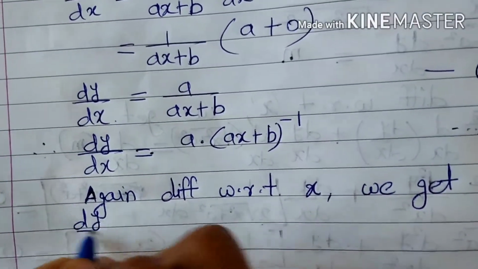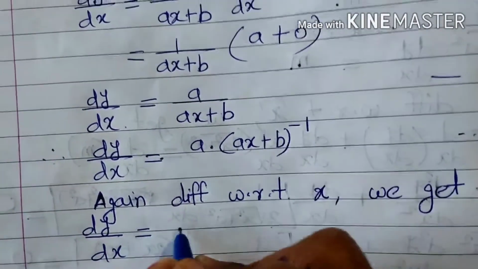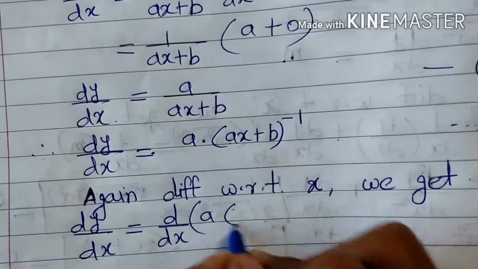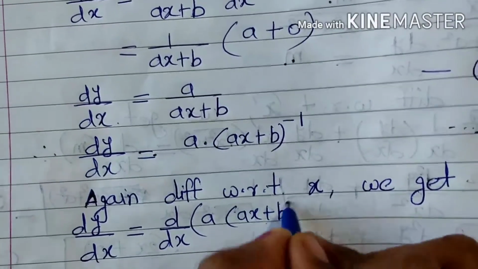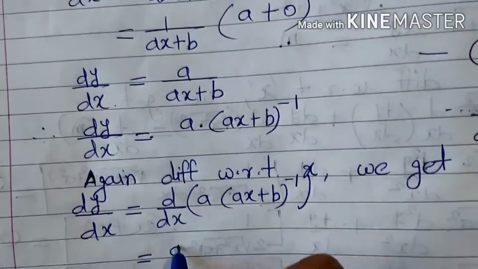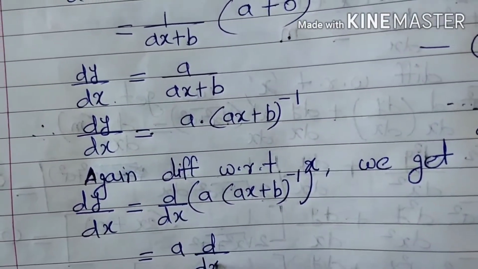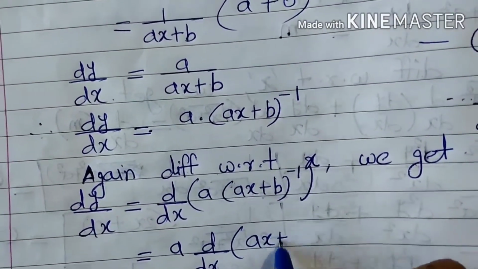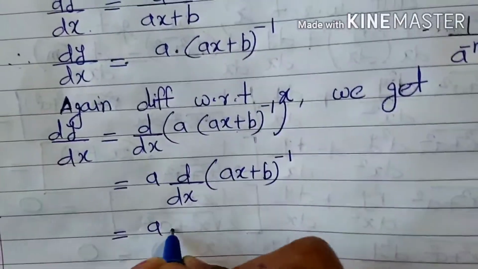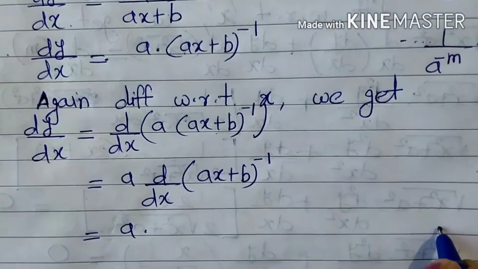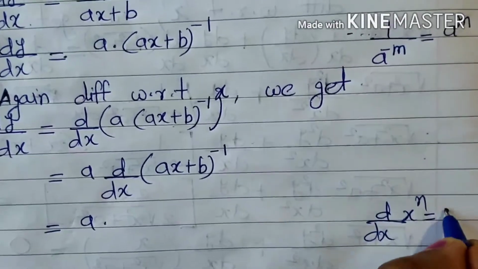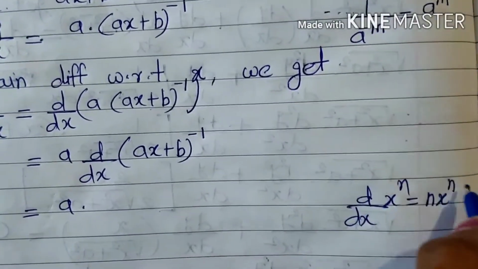So dy by dx is equal to d by dx of a into ax plus b raised to minus 1. So which is a into derivative of this inverse. So we know that derivative of x raised to n is equal to n x raised to n minus 1.